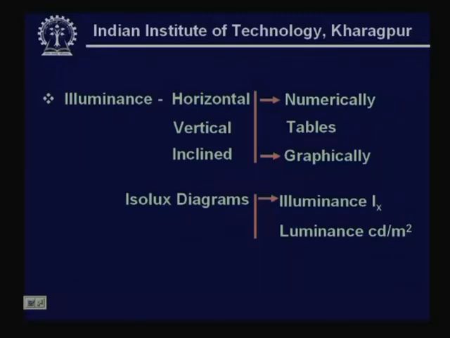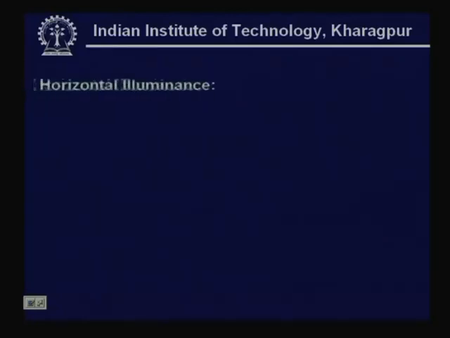We find that illuminance, which is nothing but the light flux intensity at any point, is abbreviated as E and also as I. These two one has to keep in mind. Most of the times we are concerned with horizontal illuminance because we work at a table which is horizontal. Typically, if we sit and work, it may be at a height of about 0.75 to 0.8 meters from the floor.